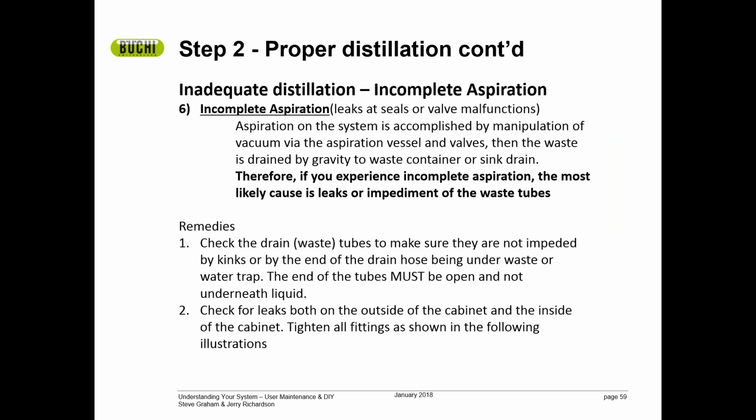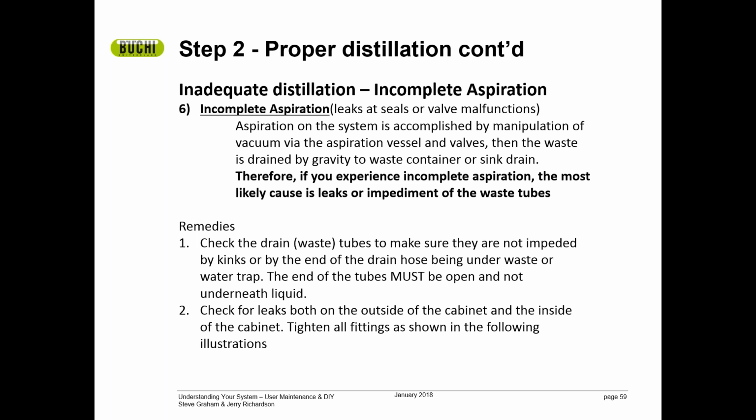Okay, let's talk about inadequate distillation in relationship to incomplete aspiration. I'm sure many of you have experienced times when the aspiration of the sample tube or the aspiration of the receiving vessel has not been complete.